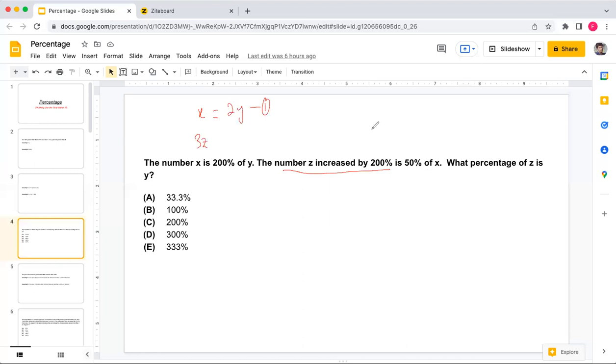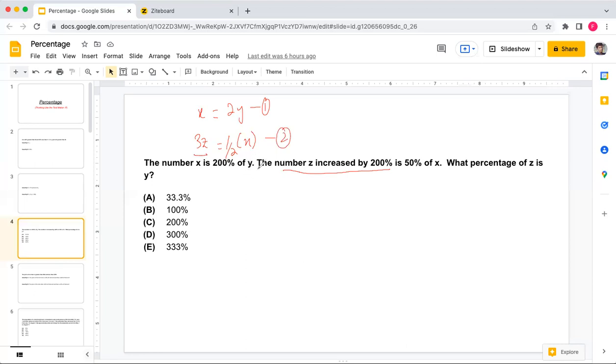The result is 50% of X. And what is 50% in fraction form? 1/2. So first thing is X is 200% of Y. And next thing is if I increase Z by 200%, this means 3Z is equal to 50% of X, which is 1/2 of X.